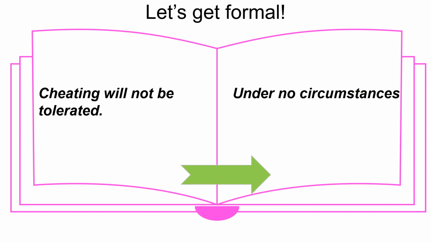Take a few seconds to think and continue the sentence with inversion to create a more formal sentence. Well done! Under no circumstances will cheating be tolerated. By rephrasing and changing the order of the words in the sentence, we would have created a more formal sentence.